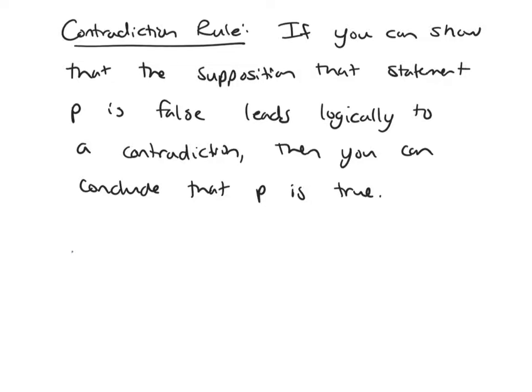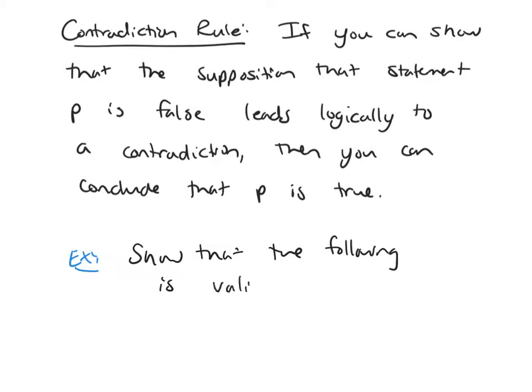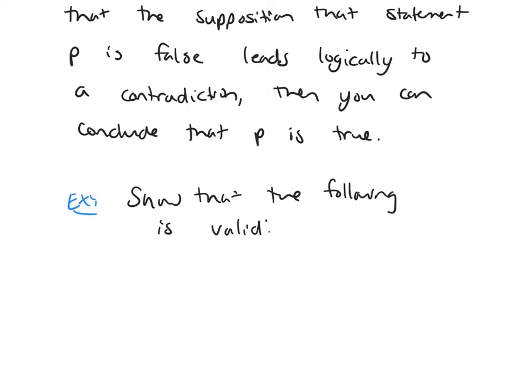So let's show that the following is valid. So the way the contradiction rule works is you show if not P, then contradiction. So remember, C is a contradiction. Therefore, P.